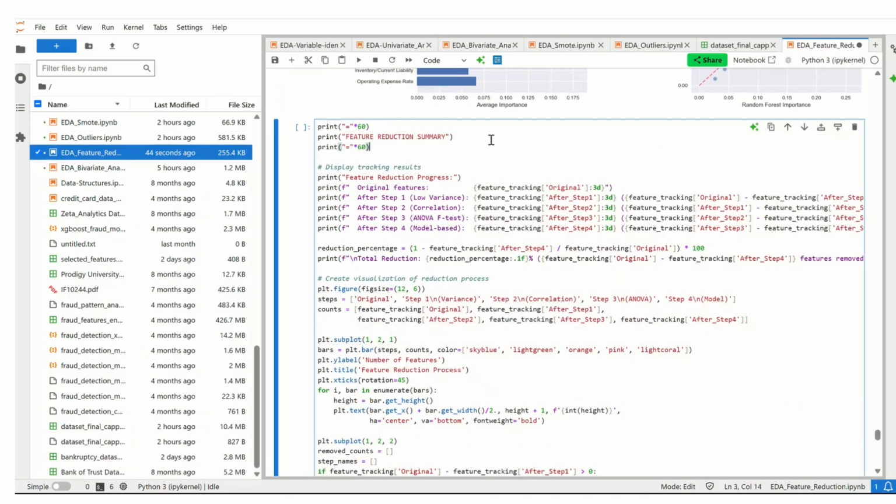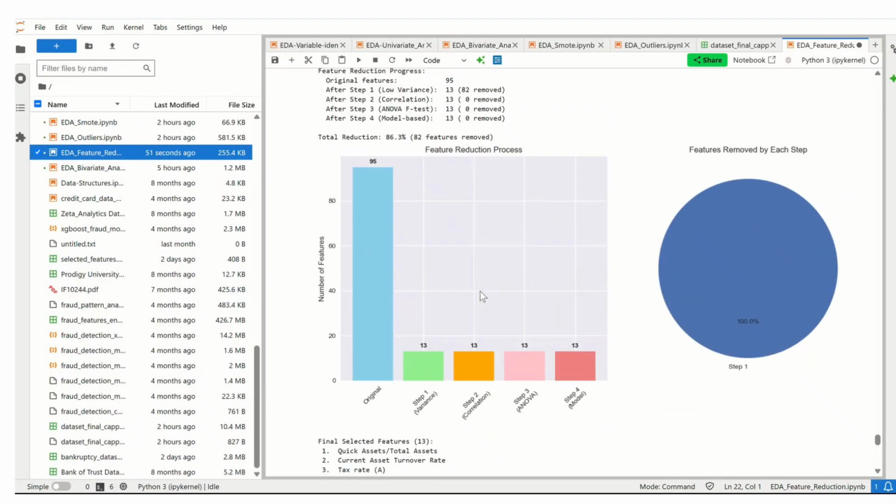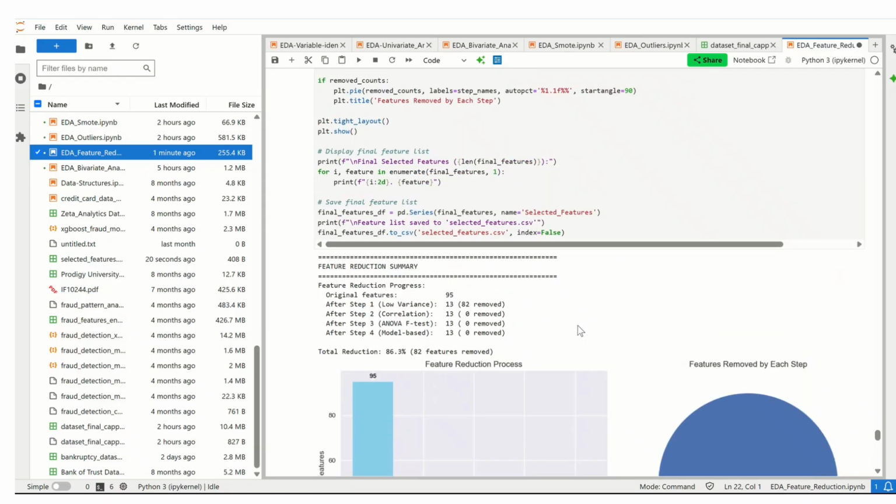Now let's summarize the feature reduction. This is the original feature count, around 95 features. Then step 1, step 2, step 3. We did variance first, and I think we eliminated a lot of features in step 1 itself. In steps 2, 3 and 4 we only confirmed whether we did the right thing or not, right?